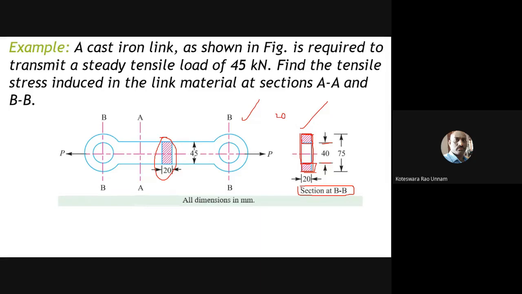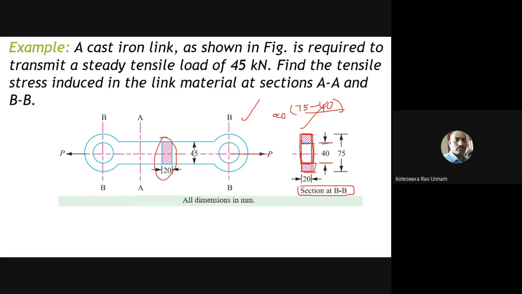So first I'll calculate the total area. Total area is 20 into 75. Then I need to subtract this area, which is 20 into 40. Since 20 is common, I'll write it like this: 20 into 75 minus 40. So you'll get the area.